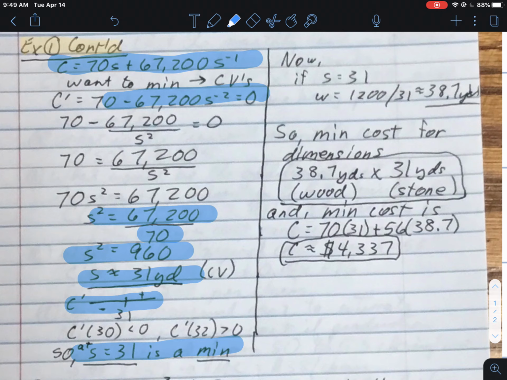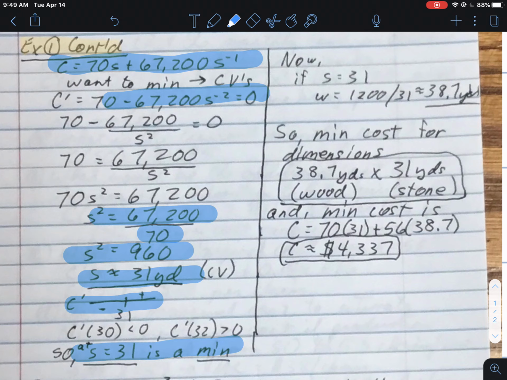Now remember, you could also use the second derivative to double check, right? If you care to do that, to see if that is a minimum or maximum, just to refresh. If we find the second derivative, C double prime, and when you plug in your critical value into the second derivative, if it's a positive value, then that means our function is concave up, which means there's a minimum there.